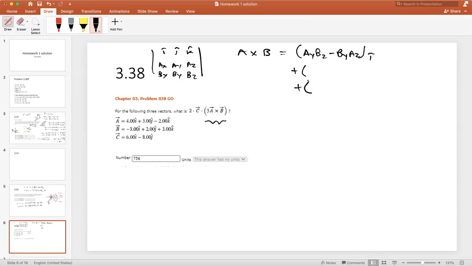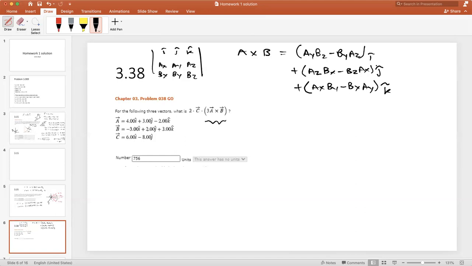So when you do this, you get, for the J or Y components, AZ BX minus BZ AX in the J hat. Okay. And then finally, for the K, you get AX BY minus BX AY. Let's double check that I've done that right.